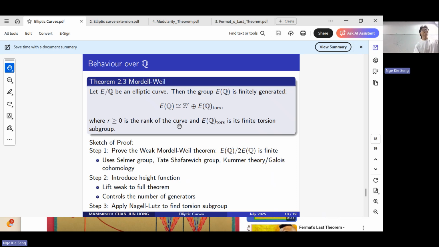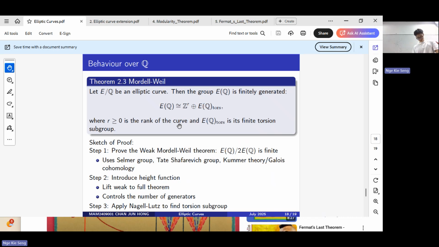I'm not sure. I think points on the elliptic curve over Q form a group. Some of the elements of the group have finite order, and some of them have infinite order.